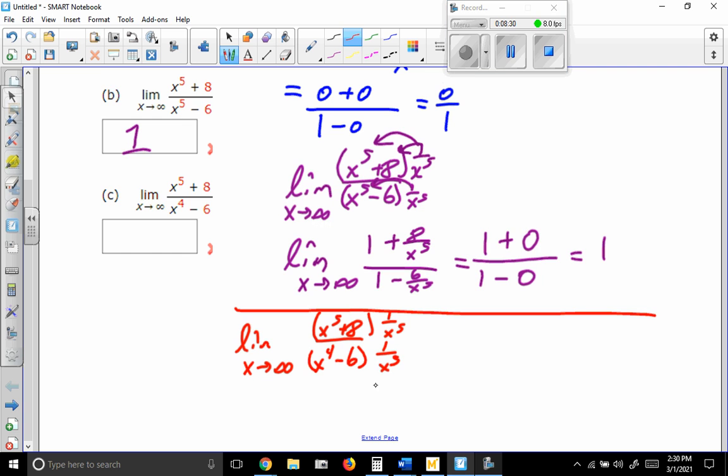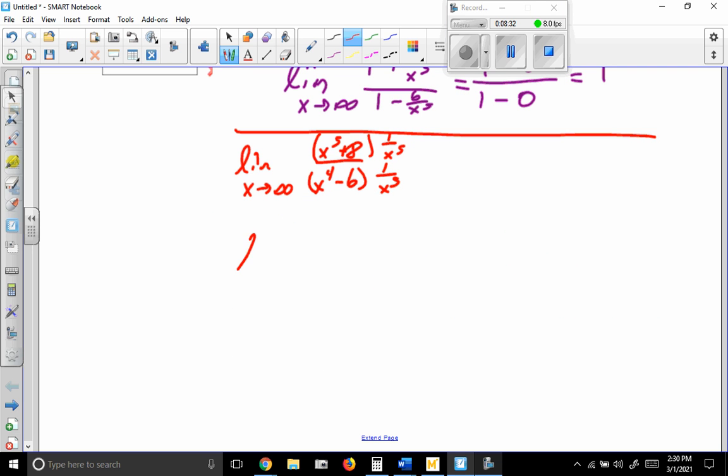So when we distribute here, x to the 5th and x to the 5th would cancel. When we distribute here, we would get 8 over x to the 5th. On bottom, when we distribute, we would have x to the 4th over x to the 5th, which reduces to make 1 over x. And when we distribute here, we get 6 over x to the 5th.